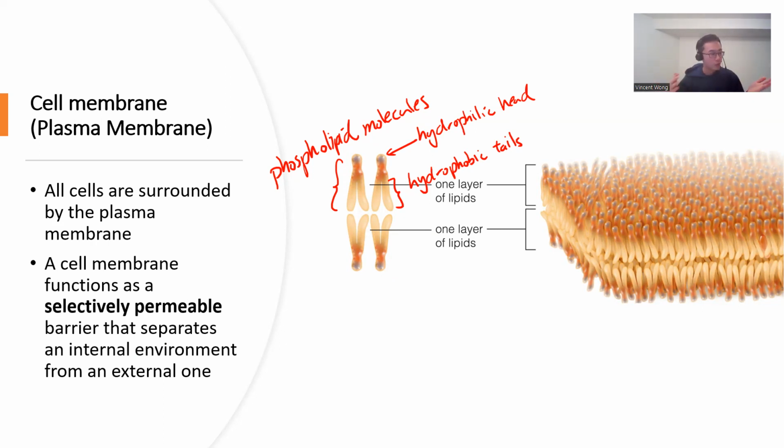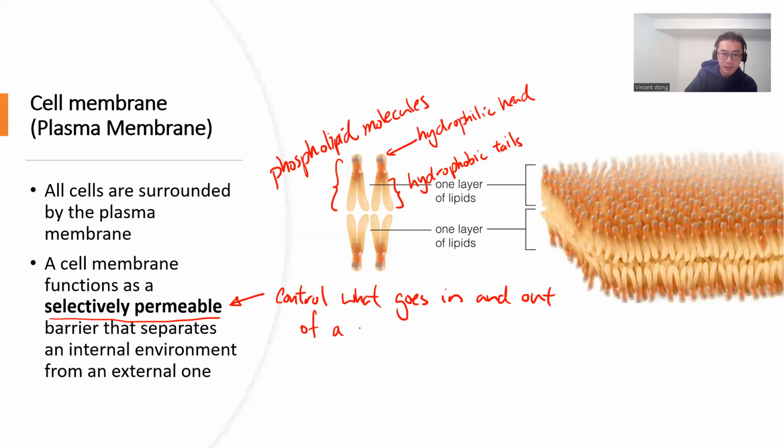Remember I told you to think of a peanut butter sandwich? The bread is like the hydrophilic heads, and the peanut butter in the middle is like the hydrophobic tails. Together, this sandwich forms a selectively permeable barrier. What that means is it helps control what goes in and out of a cell. After all, you need to have some regulation.